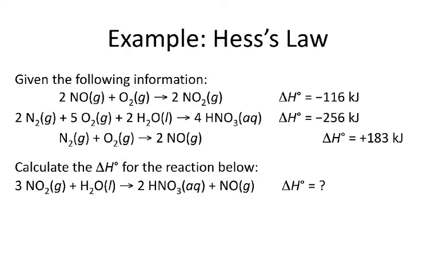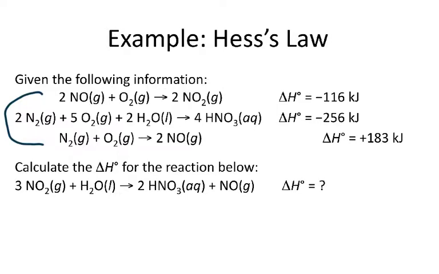And we have delta H's associated with those. And then nitrogen plus oxygen gives 2 nitrous oxide. Calculate the delta H for the reaction below. So my goal is to rearrange these 3 reactions to give me this bottom one.